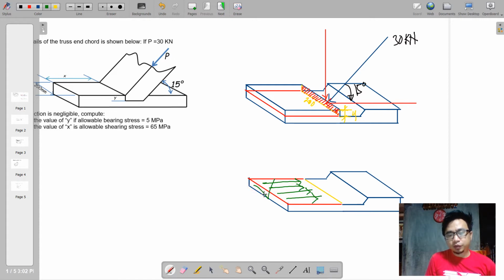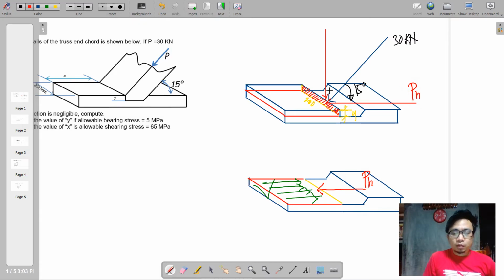So this is the shear force. By summation of forces horizontal, this is the horizontal component of P. Say this is P horizontal.